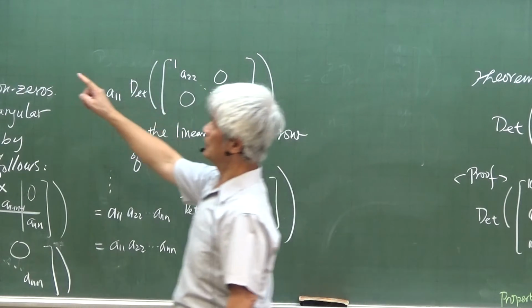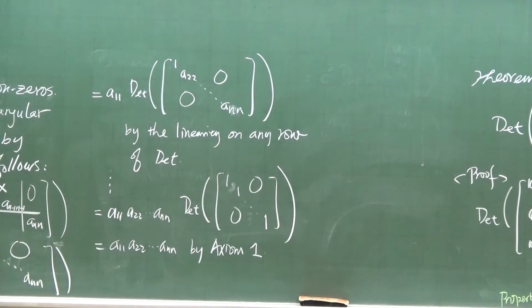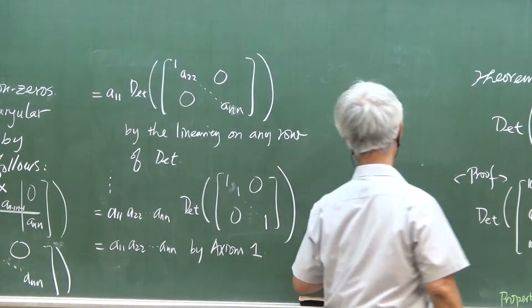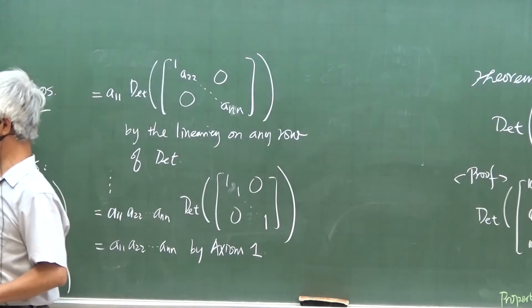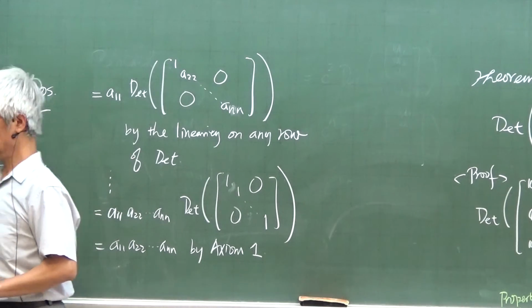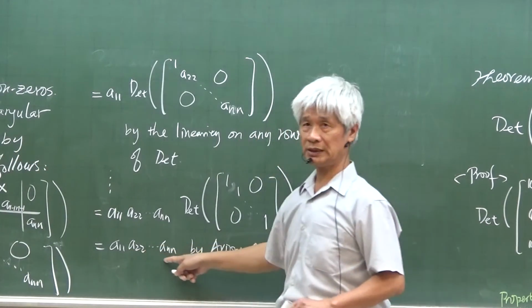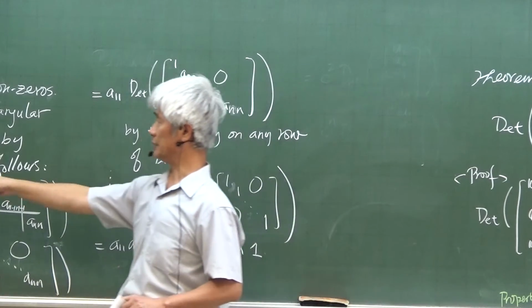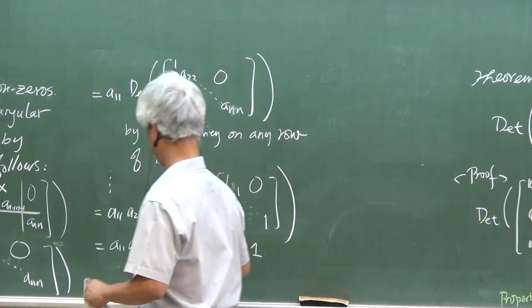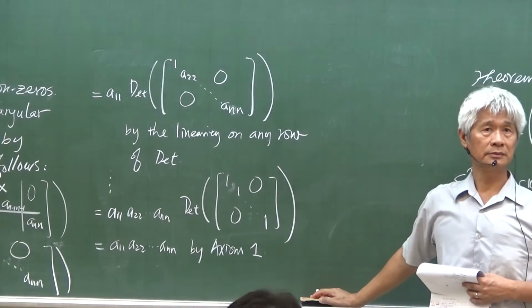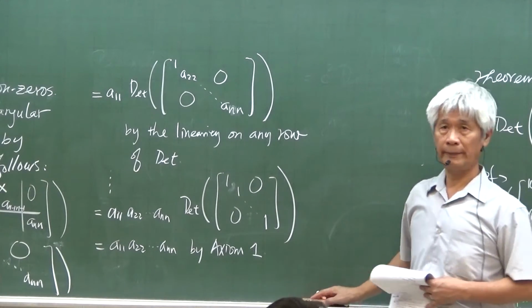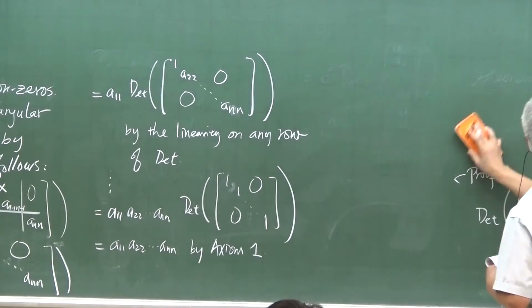So if all diagonal entries Aii are non-zeros, then the determinant of this upper triangular matrix is equal to the product of its diagonal entries. Any questions? All right, no questions.